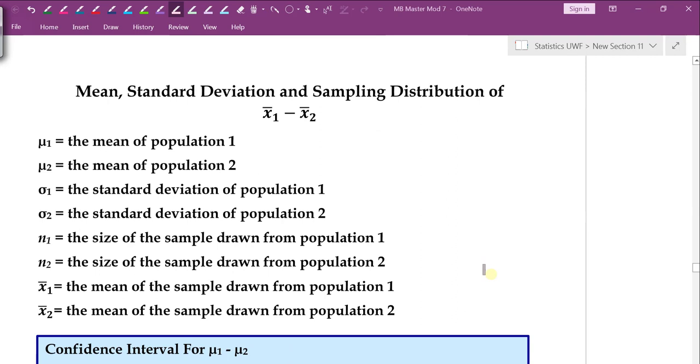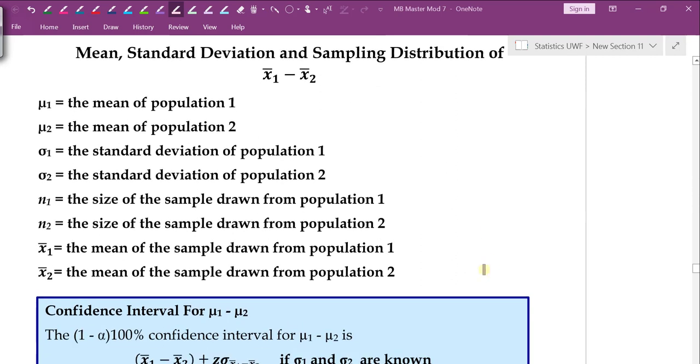Here is some of the notation that we need to know before we can conduct confidence intervals of differences. First, we need to recognize that we have a population mean, mu, from population 1, and a population mean from population 2.